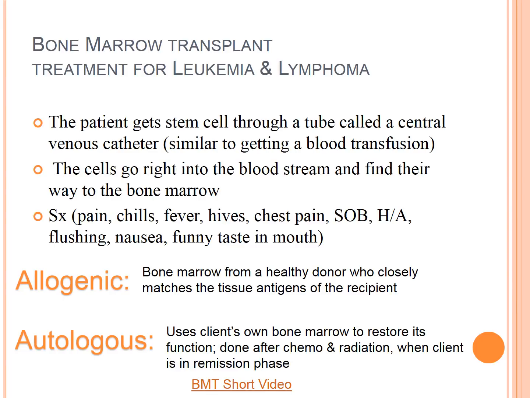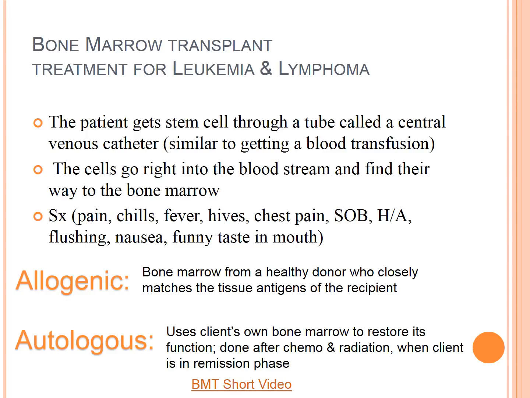So bone marrow transplant can be used for both lymphoma and leukemia. Basically, the patient receives an infusion of stem cells or bone marrow cells through a central venous catheter. That is a central line, a very large IV. You can see here it's similar to getting a blood transfusion.